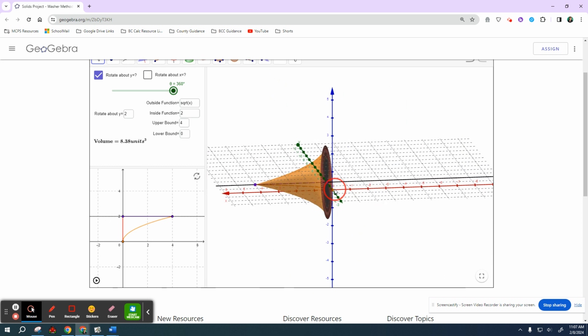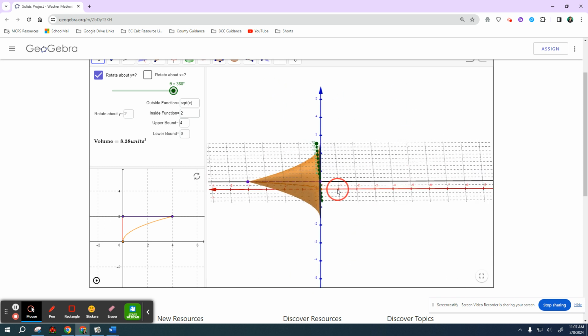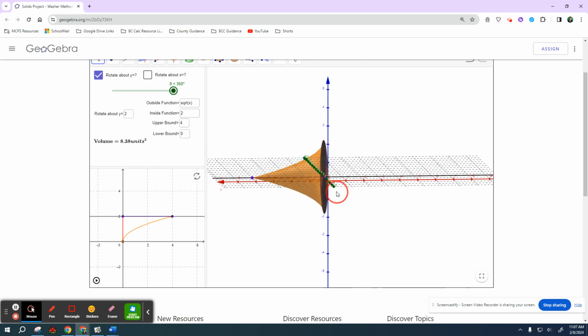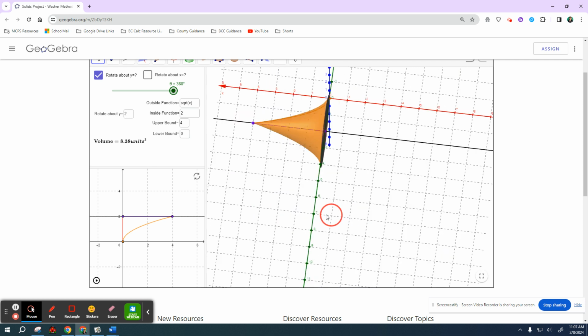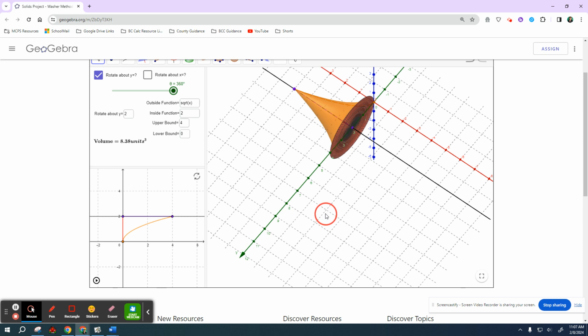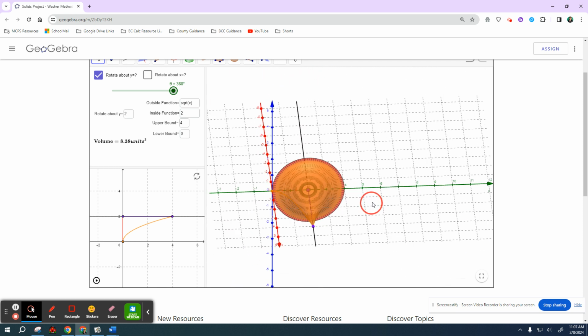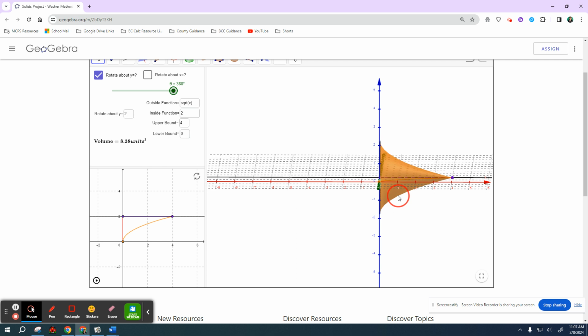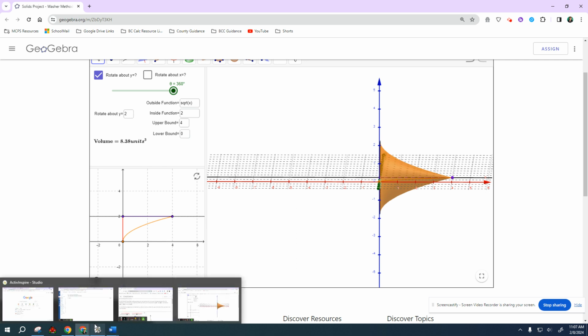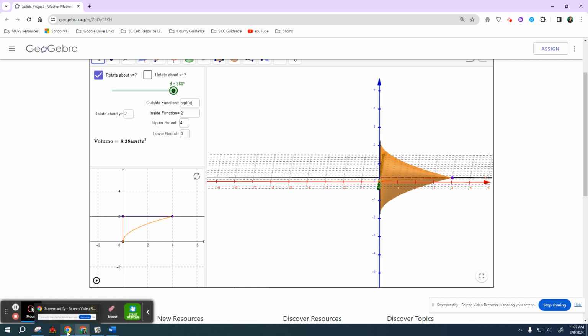Looks kind of trumpety, the funnel thing, witch hat, wizard hat. Pick your favorite descriptor. So again, this thing rotated around y equals 2.